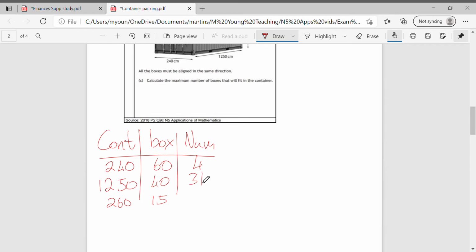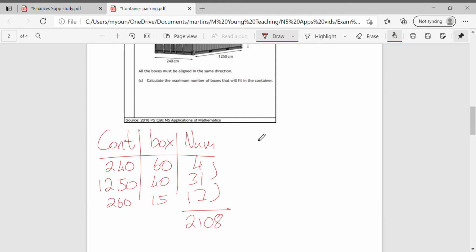I wouldn't have a quarter of a box, and I also wouldn't be able to round up either. 260 divided by 15, that's 17.333, so that's just going to be 17. So, times them all together, because that basically means 4 going along the way, 31 back, and 17 stacks up. So 4 times 31 times 17, 2,108 boxes.